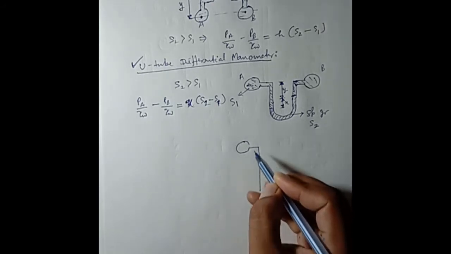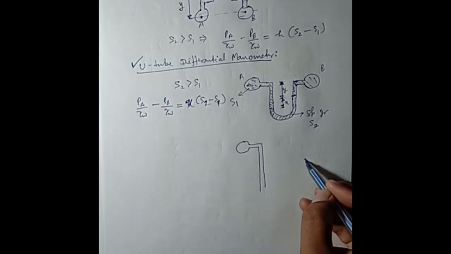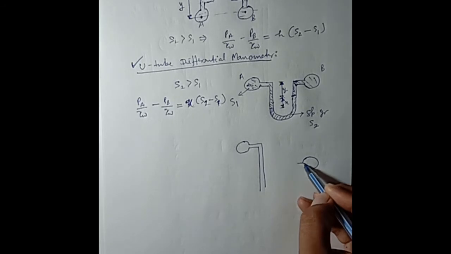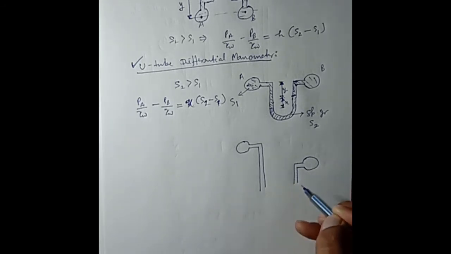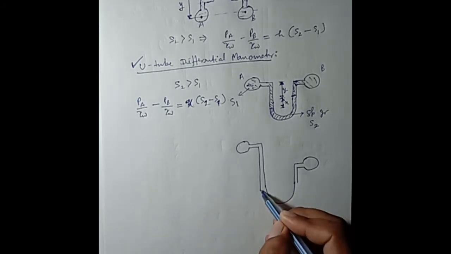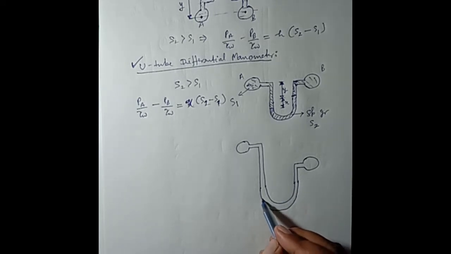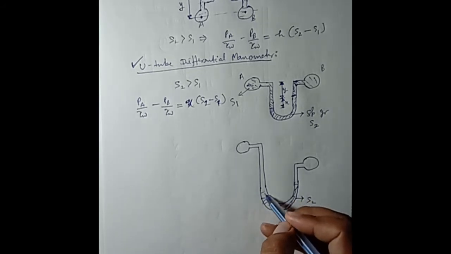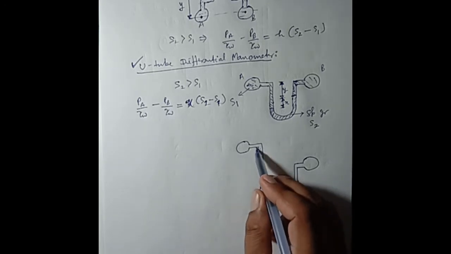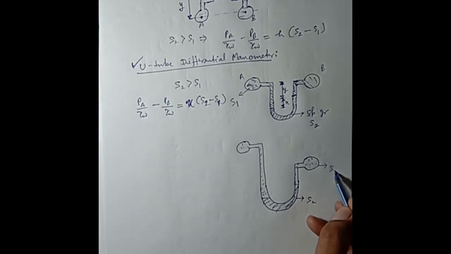We draw this U-tube manometer, here limb B, interconnected to both the limb A and B. Similarly, here the specific gravity of the fluid is taken as S2 and here limb A and limb B taken as specific gravity S1.